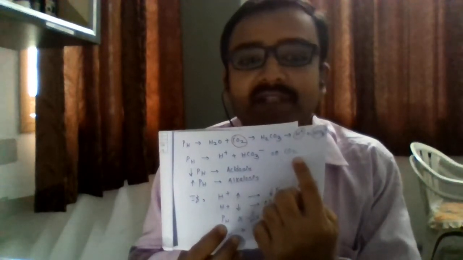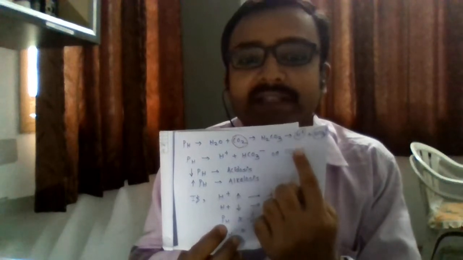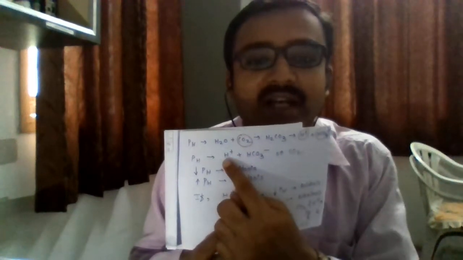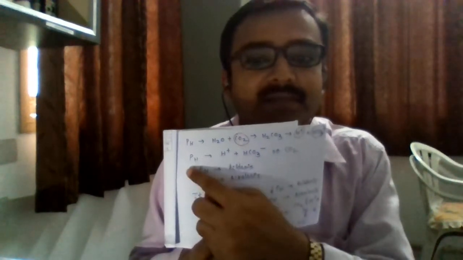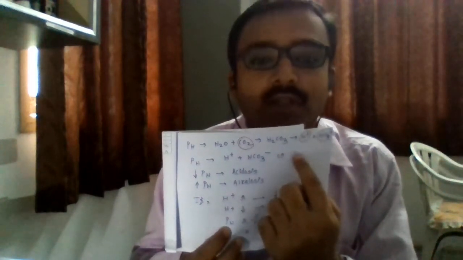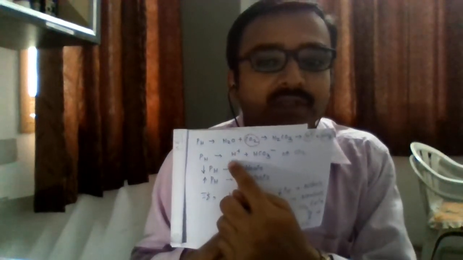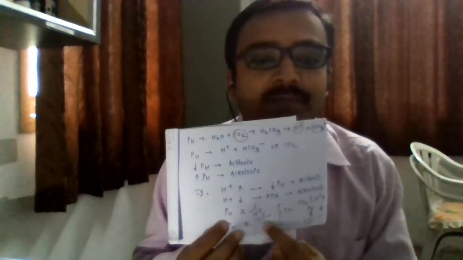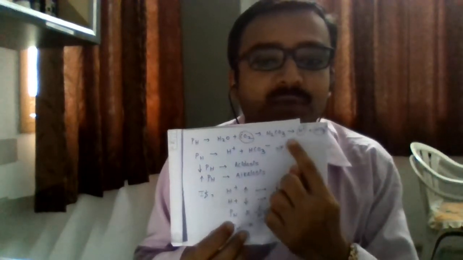For example, if CO2 increases, it will affect hydrogen ions. CO2 increased, hydrogen ion increased, means pH decreased. If CO2 falls, hydrogen ion falls, pH increases. So again, it is inversely proportional to the concentration of CO2 in the blood.